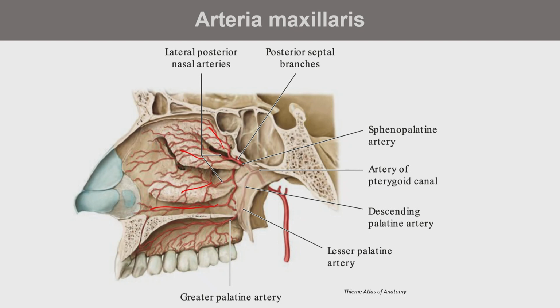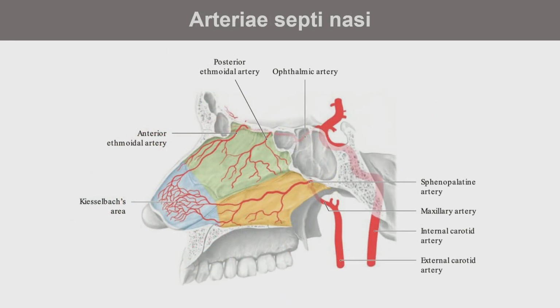So this is the territory of this sphenopalatine artery. But more interesting and important is the supply of the septum nasi. Septum nasi is a frequent source of bleeding.